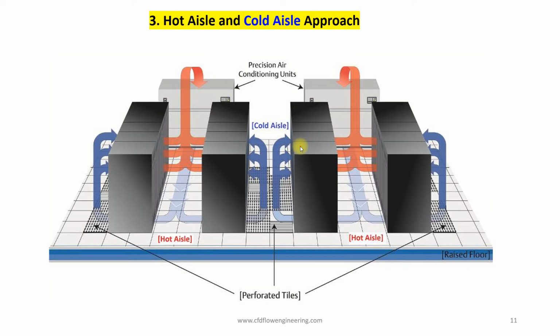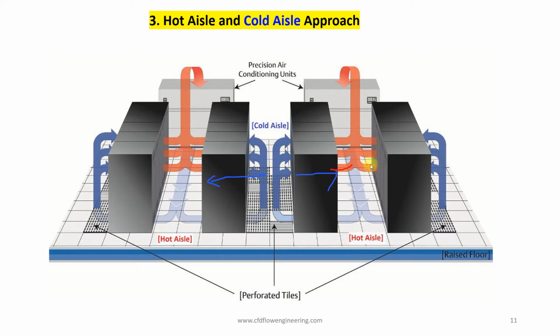Hot aisle and cold aisle approach is one of the popular techniques to cool a data center. In this method, cold air is allowed to flow between two racks using a perforated plate at the bottom, and cold air passes through the data center.